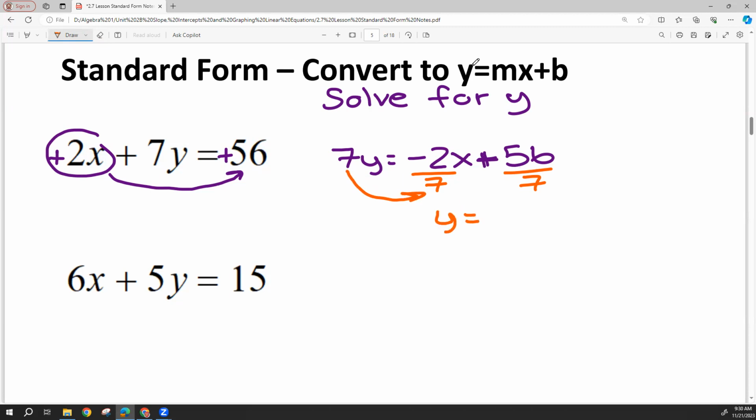That leaves me with y alone, which is what I want. -2 divided by 7, that's a nasty decimal, so we'll just leave it like that. That's the slope of our line. 56 divided by 7 is 8. So we have +8. That's our y-intercept.